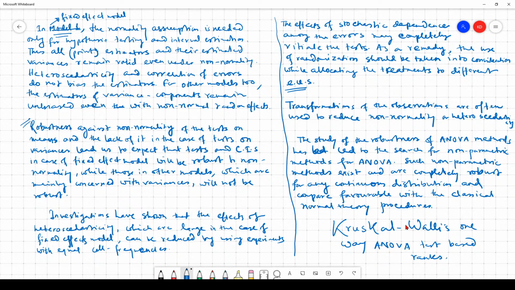This is not our consideration, because here I only consider the parametric method, that is ANOVA, based on normality assumptions. So I want to stop here.